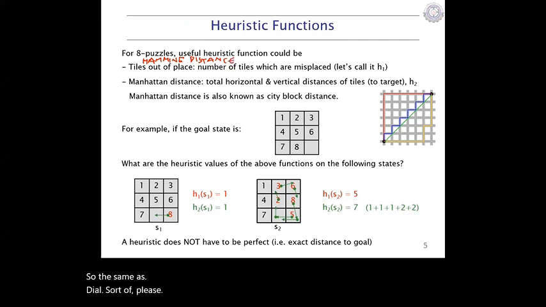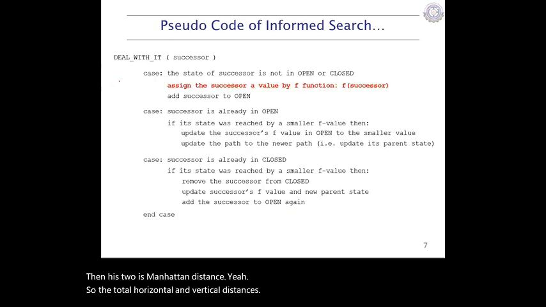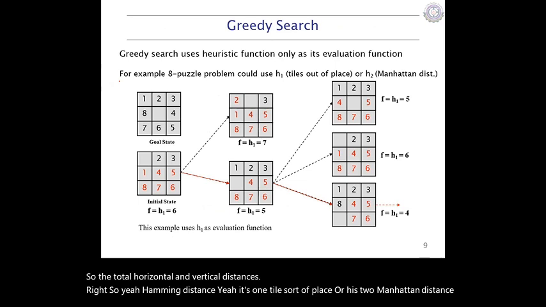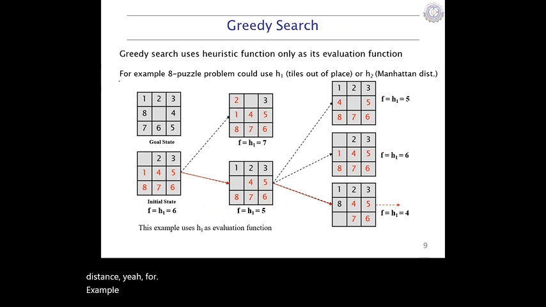The second one, H2, is Manhattan distance, the total of horizontal and vertical distances. So here, Hamming distance H1 is tiles out of place, and H2 is Manhattan distance, for example in puzzle problems.